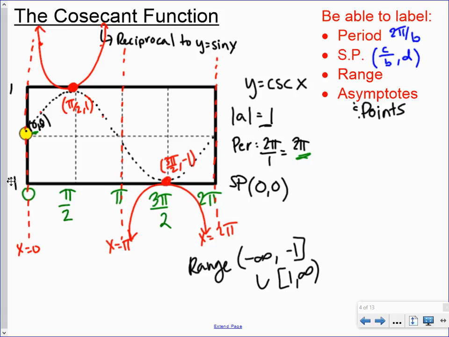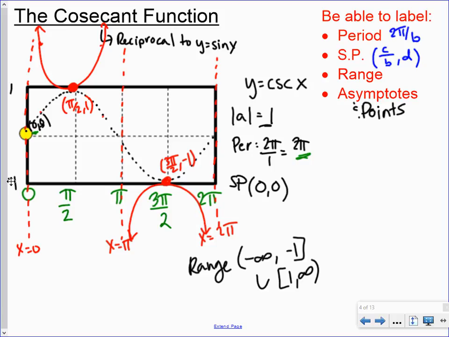Does anybody have any questions about that cosecant graph? Yes, ma'am. Can you go over how to find the asymptotes again? The asymptotes will always occur anytime the original function would have been 0. Because when the original function would have been 0, the reciprocal of that will be undefined.